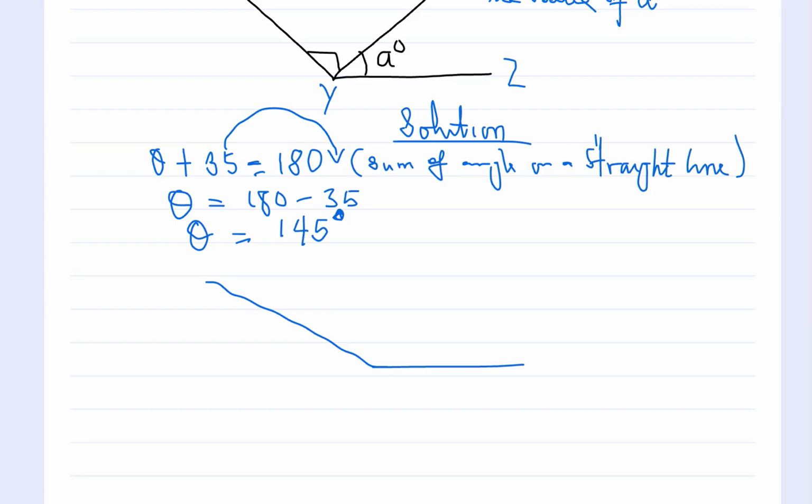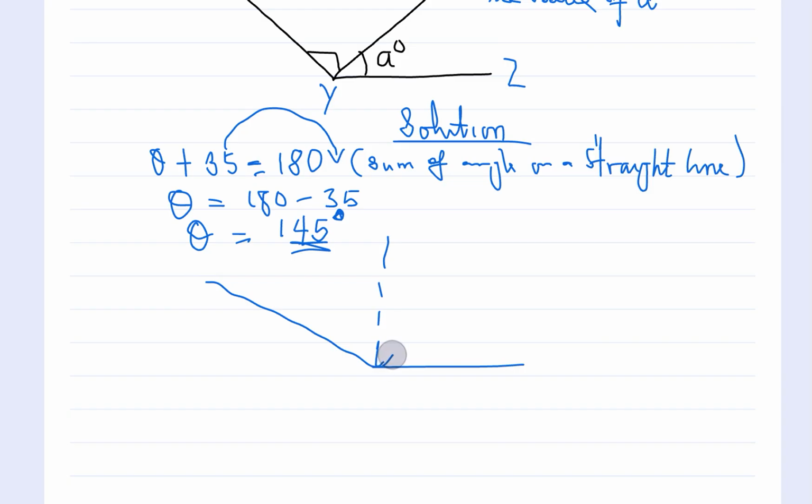That's why the angle we got here is greater than 90 but less than 180. Let's say it is like this, it will surely be 90 degrees. But because it is like this, it is already greater than 90.